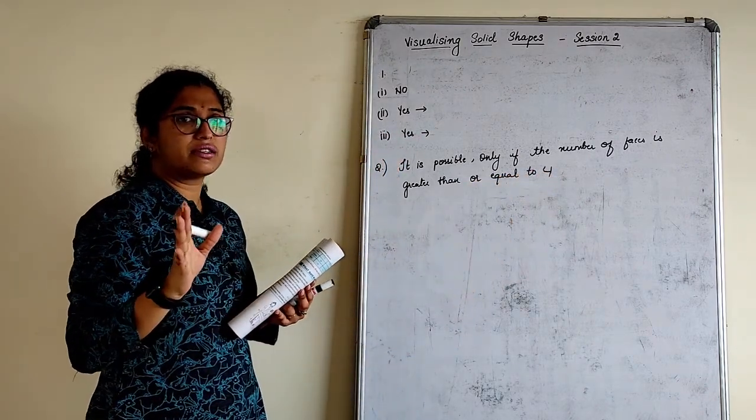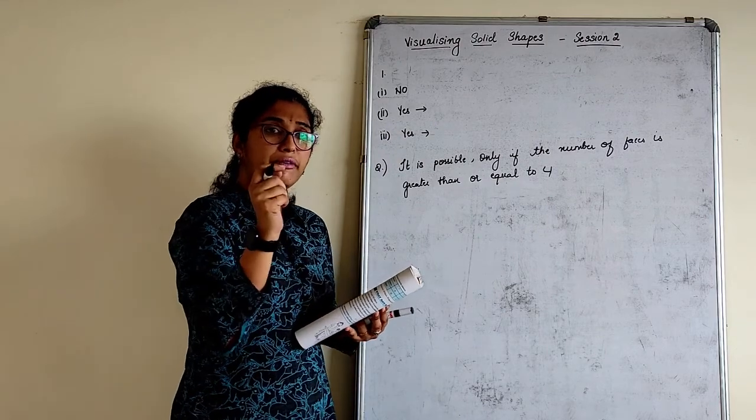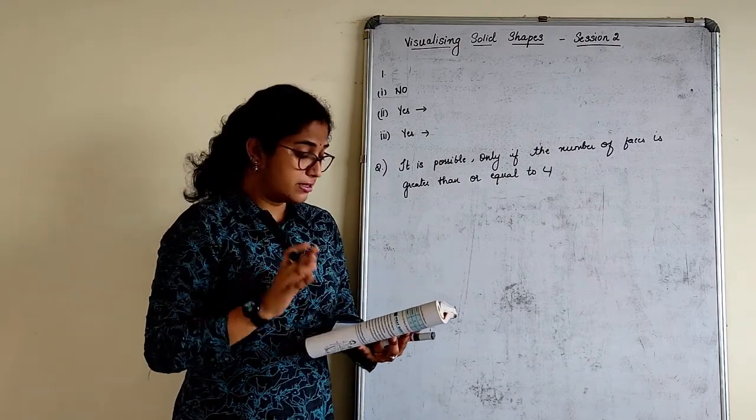Any given number of faces can't be called as a polyhedron. Minimum 4 or more it should have to be called as a polyhedron.